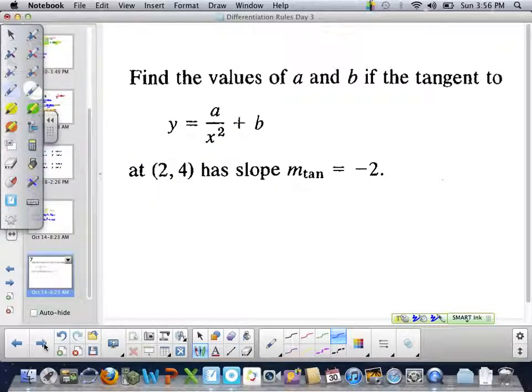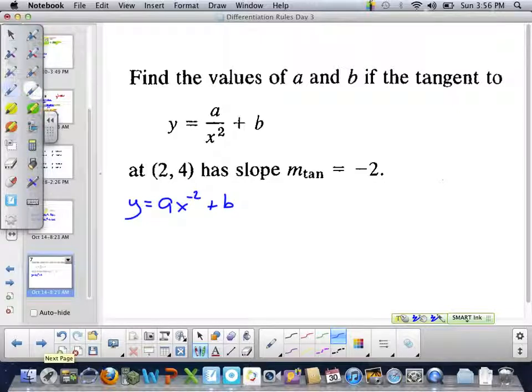All right. Find the values of a and b if the tangent to y equals a over x squared plus b at (2, 4) has the slope of negative 2. So let's first realize that slope of the tangent line means derivative. So we need to find the derivative here. I'm going to rewrite this without fractions, and then I'm going to find the derivative.